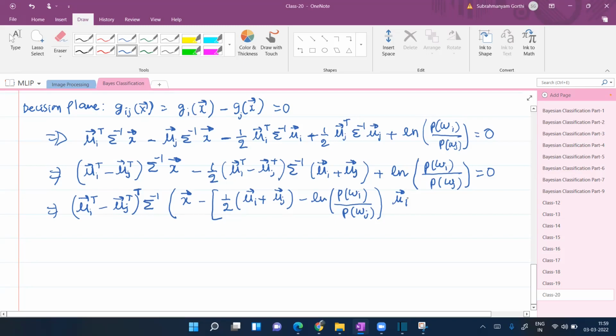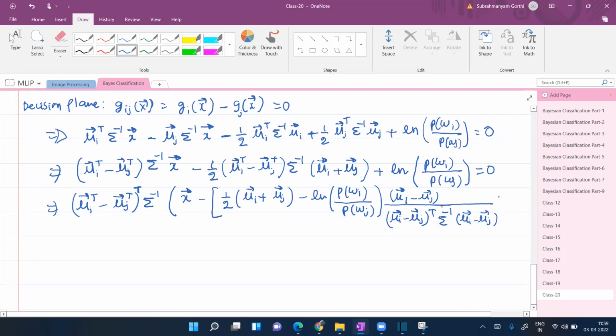So then here you get mu I bar minus mu j bar whole divided by now mu I bar minus mu j bar whole transpose into sigma inverse into mu I bar minus mu j bar. Okay, need to extend this till here. Maybe I have to put a double bracket or square bracket first. This equal to 0.